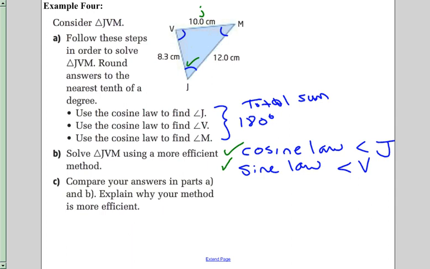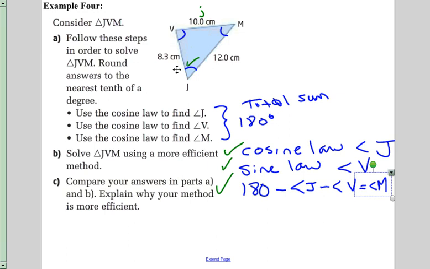And once I know J and B, I know that the sum of the angles in a triangle are 180 degrees. So I can do 180 minus angle J minus angle B. And that would give me the remaining angle. Okay, so that would be more efficient.